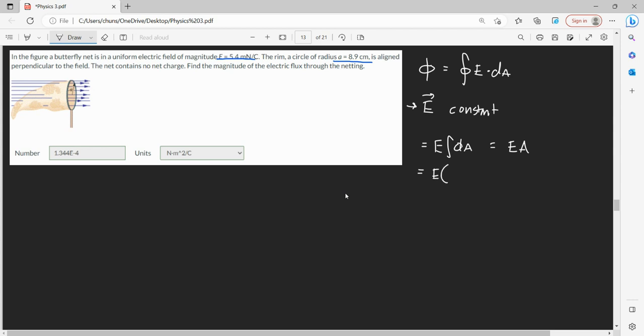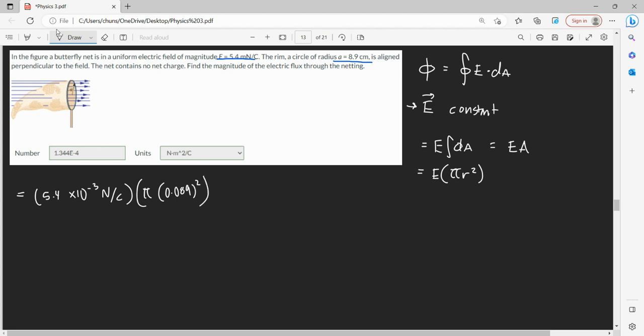Which is E times the area of our circle because we want it at the rim of our net. So this is going to be pi r squared. Plug those numbers in. We have 5.4 times 10 to the negative 3 newtons per coulomb. And we have pi times 0.089 squared.